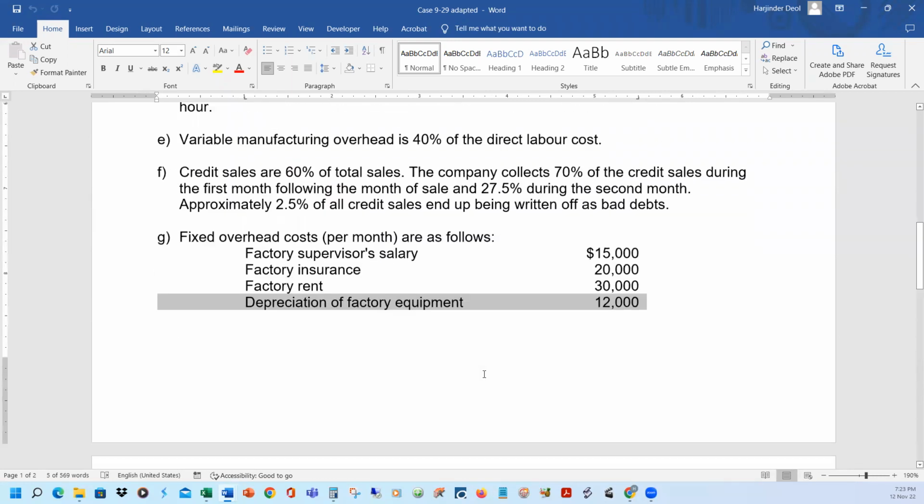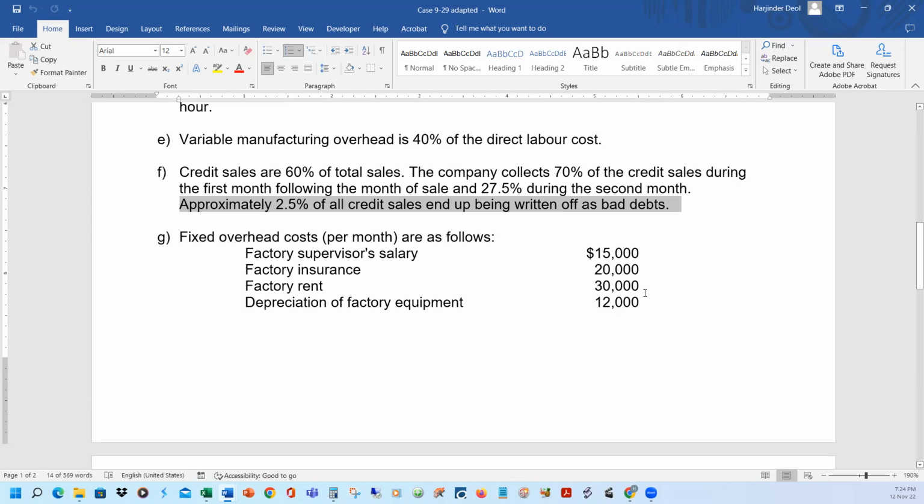One more selling and admin cost that we shouldn't forget is the bad debt expense. So bad debt expense arose because we sold on credit and some people didn't pay. Now, unfortunately, extending credit is normal business practice, and some of our buyers will not pay as promised, and that is again part of the cost of doing business.